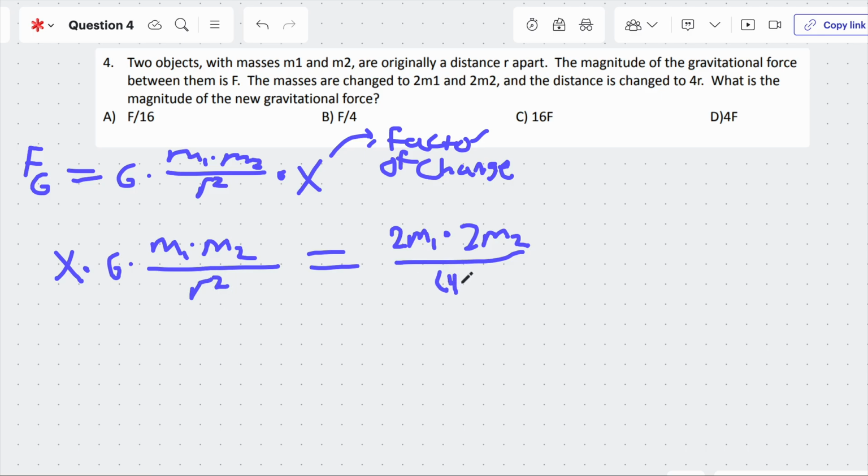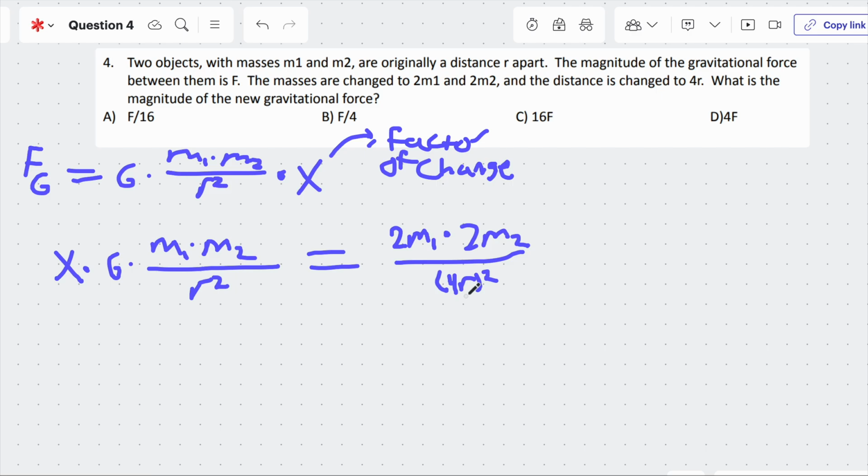So we're going to have 4r and then square that. Okay. So the reason we put this x in here is because we're going to change this equation by some unknown amount. We're going to figure that out, and then we're going to end up with our doubled masses and our quadrupled radius.